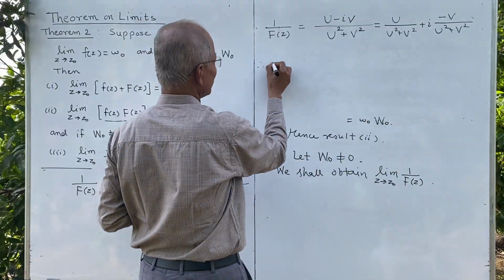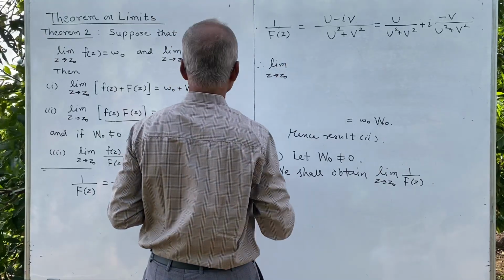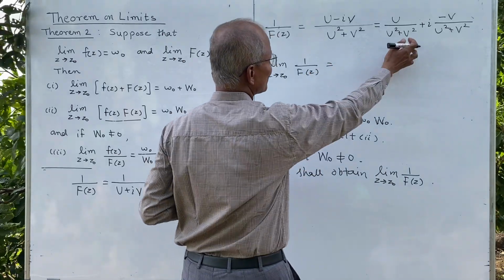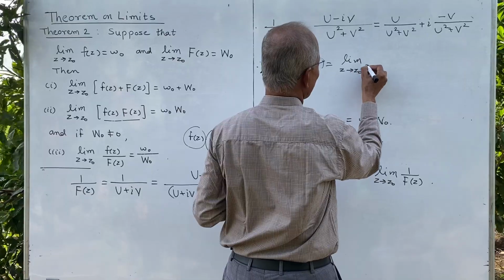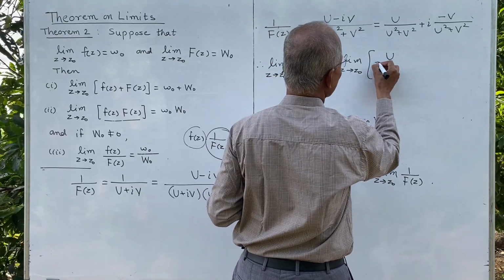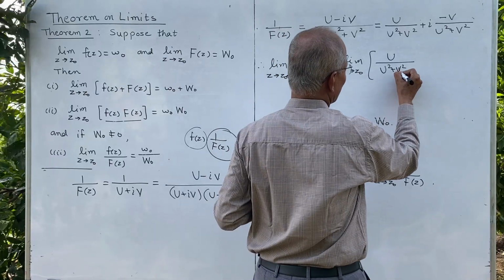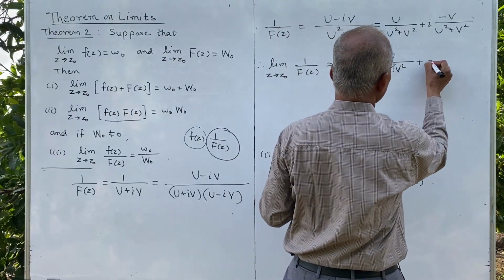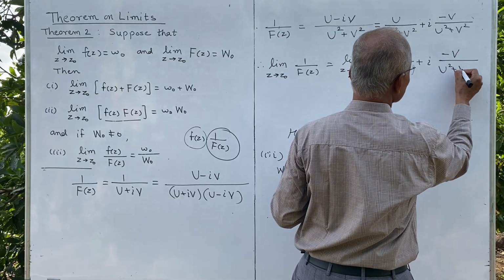So therefore, limit z tends to z naught of 1 over f of z is equal to limit z tends to z naught of u divided by u square plus v square, capital letters, and this is plus i minus v divided by u square plus v square.